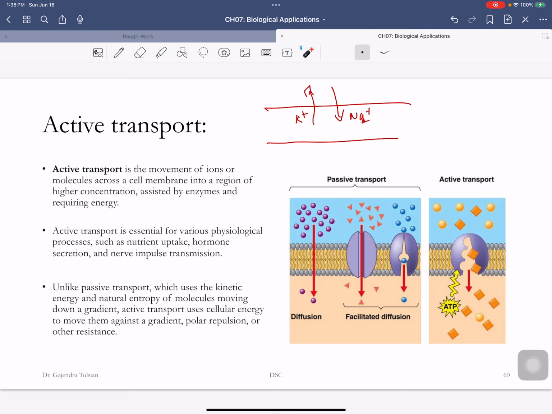Unlike passive transport, which uses kinetic energy and the natural entropy of molecules moving down a gradient, active transport uses cellular energy to move them against a gradient, polar repulsion or other resistance.